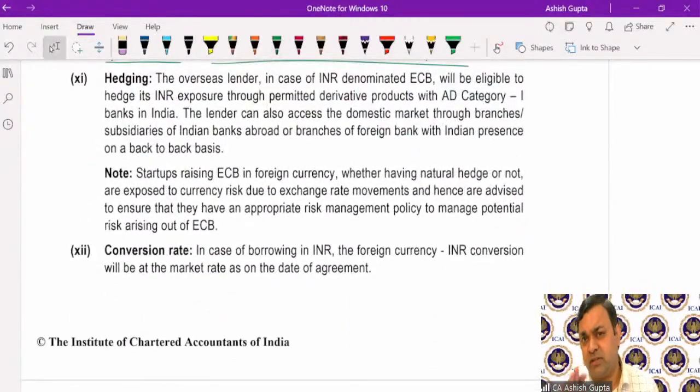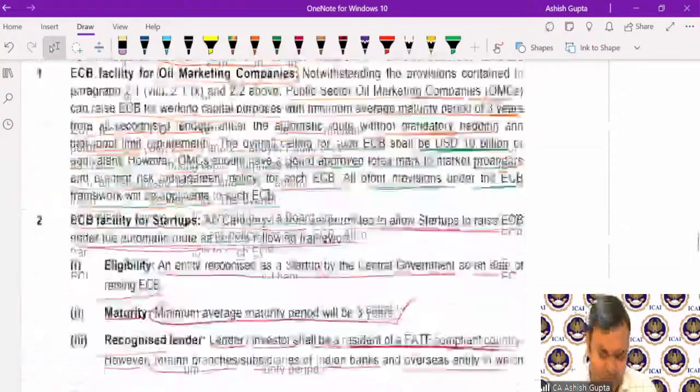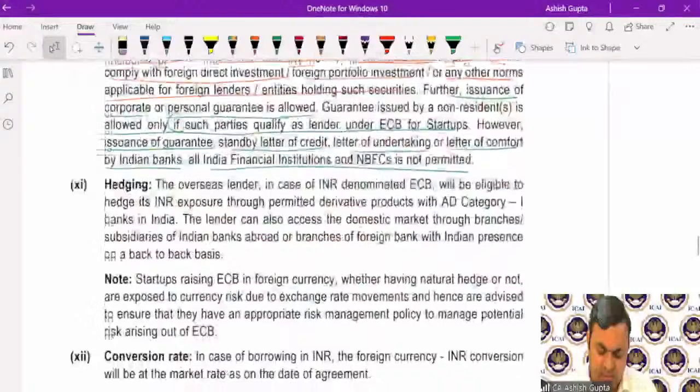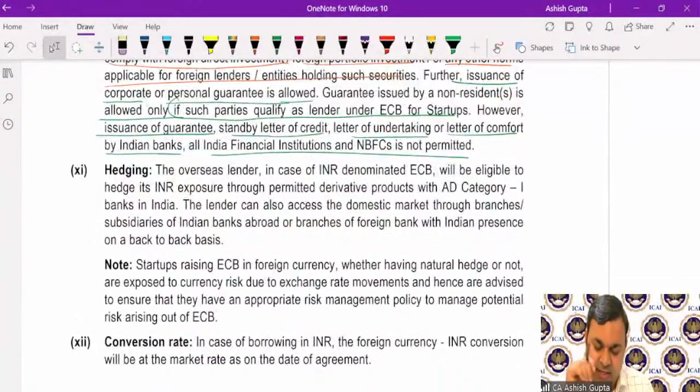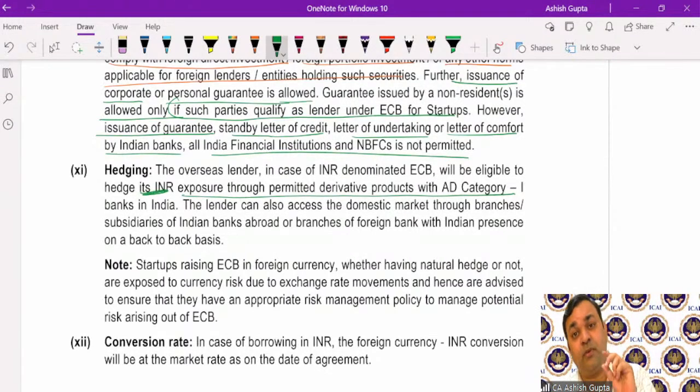Hedging provision for startups. The overseas lender, in case of INR-denominated ECB, will be eligible to hedge its INR exposure through permitted derivative products with an authorized dealer category 1 bank. So if you raise ECB in INR, you can hedge with the AD-available instrument with the AD category 1 bank.